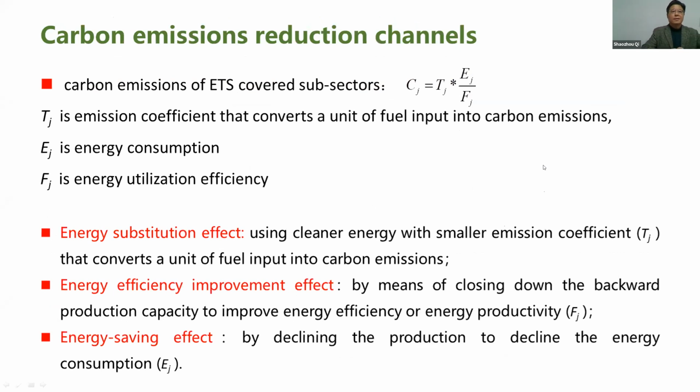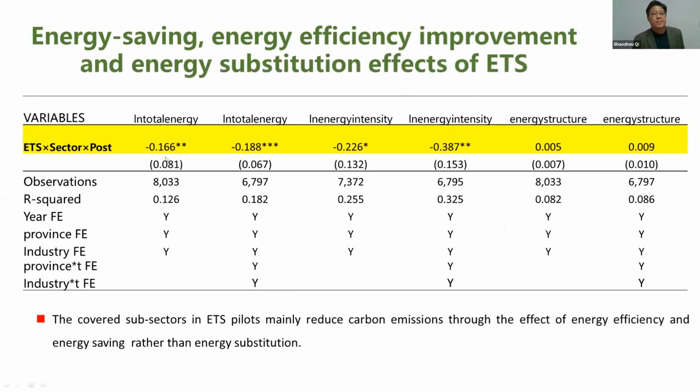In terms of the carbon emission reduction channels, we study the energy substitution effect, the energy efficiency improvement effect, and the energy saving effect. And this is the result of the channels.